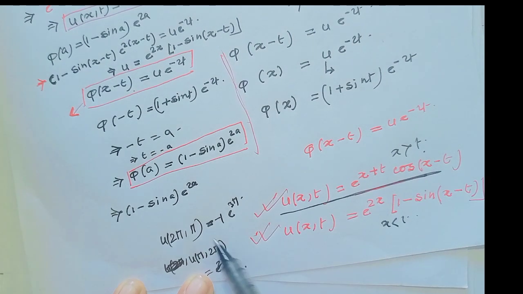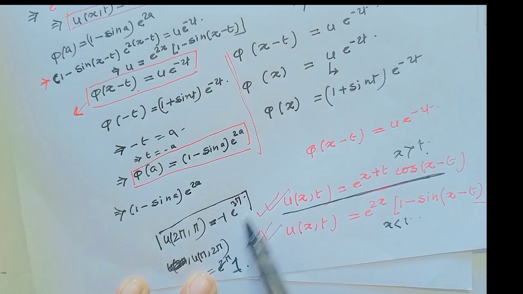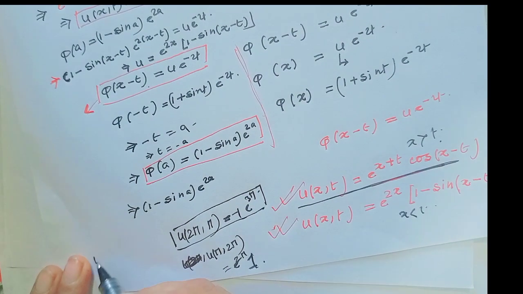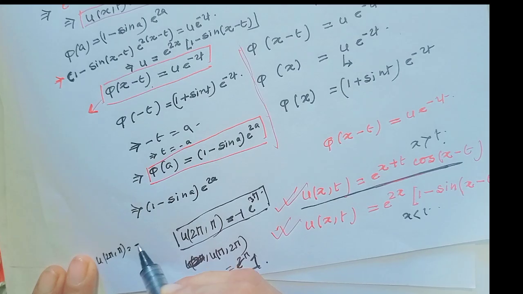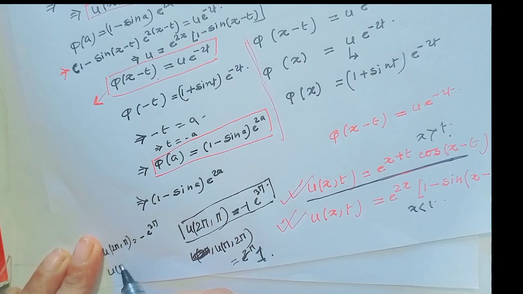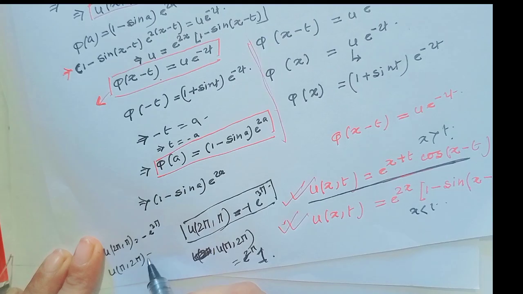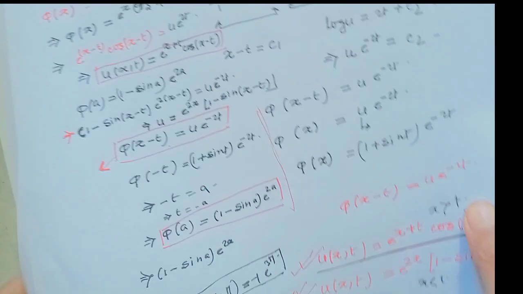That means u(2 pi, pi) is minus e to the power 3 pi, and u(pi, 2 pi) is e to the power 2 pi. Now we have to find the solution.